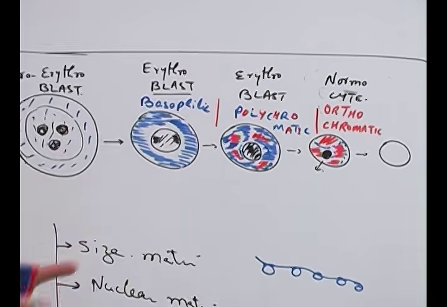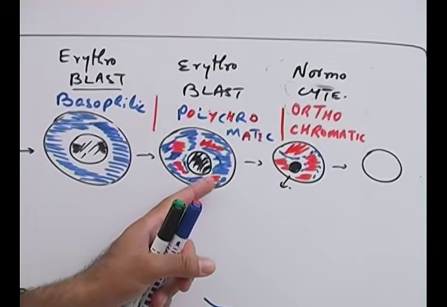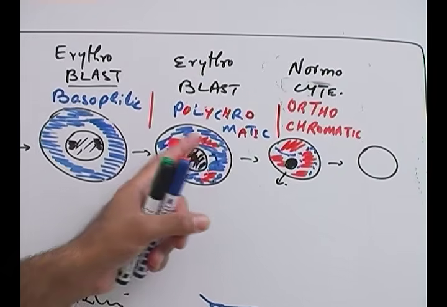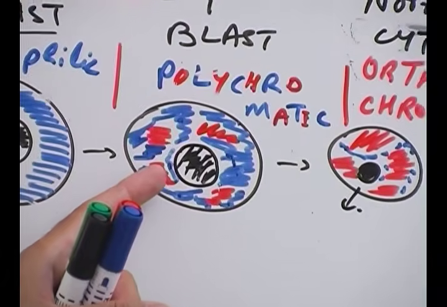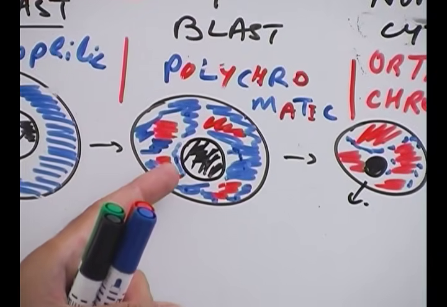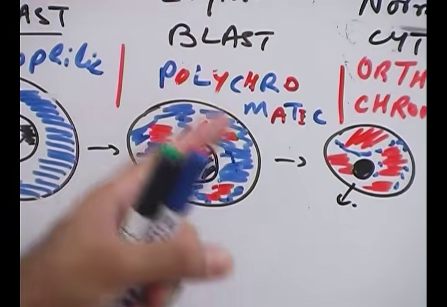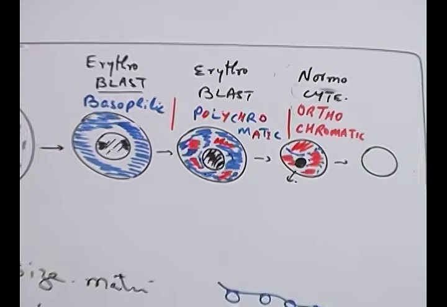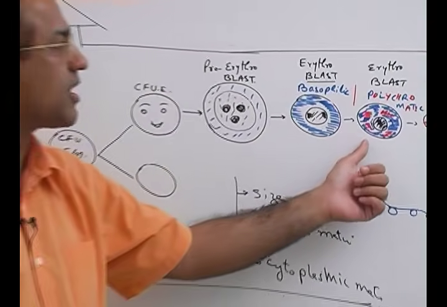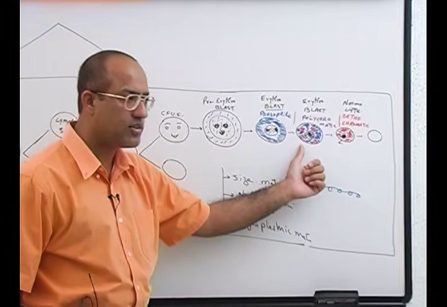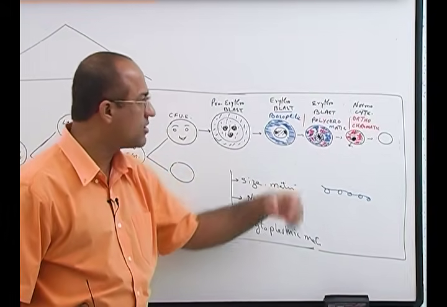It had enough ribosomes, and there is evidence of fully formed hemoglobin, which imparts red color. So blue and red double shades come when you stain their cytoplasm, and these cells are called polychromatic erythroblasts.